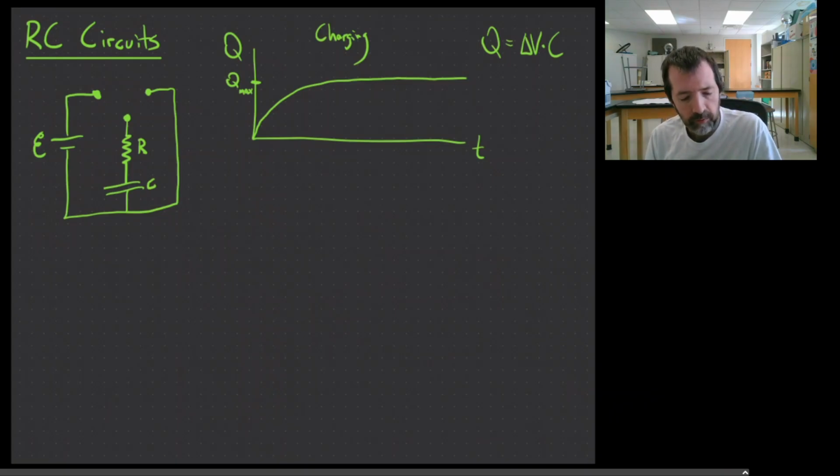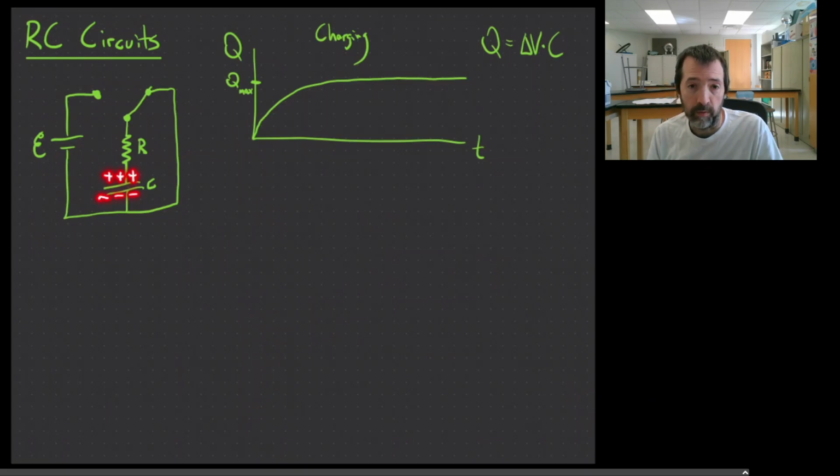So if I move the switch over to the other side, now the battery is no longer part of the loop. It's been cut out. But I have this other loop that goes around on the right side of the circuit. And remember, I had a bunch of positives on the top plate, and I had a bunch of negatives on the bottom plate.